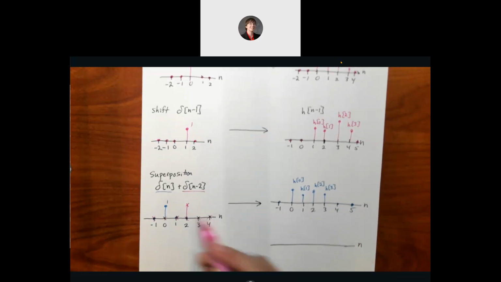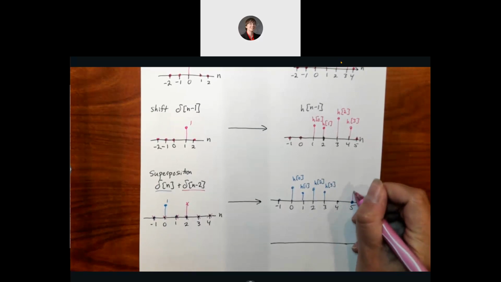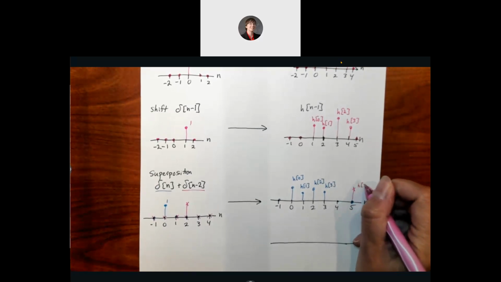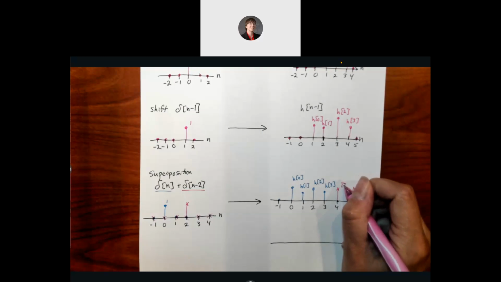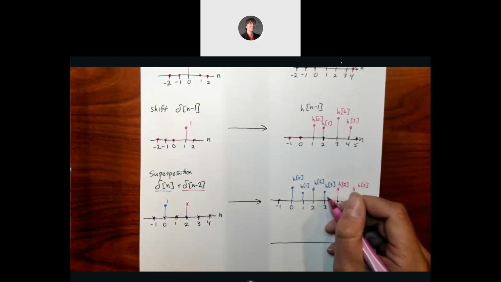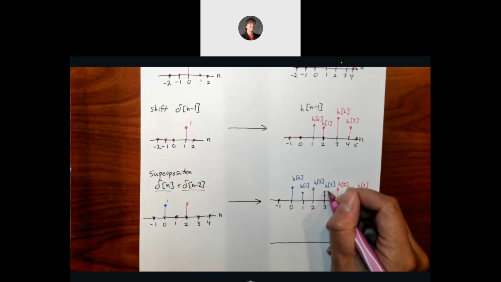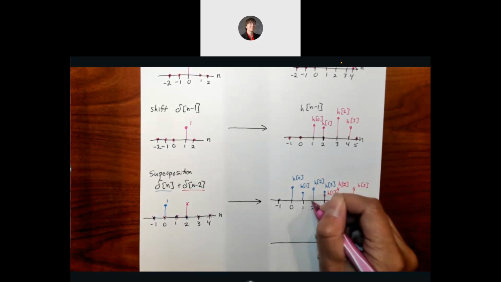The response to my shifted input, these are going to be shifted 2 to the right.